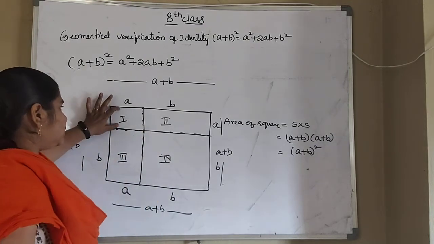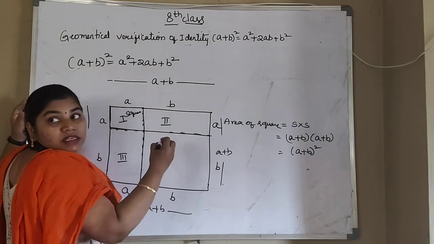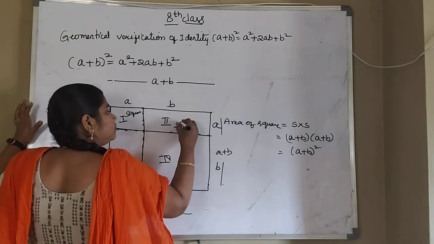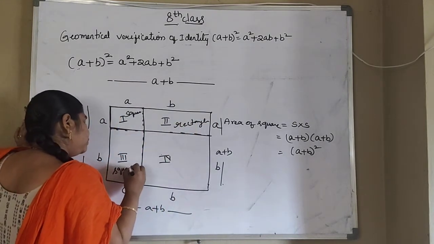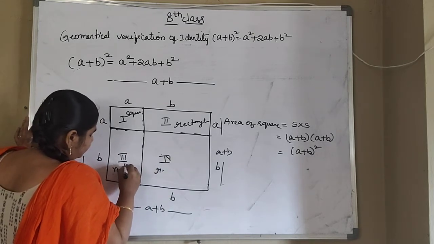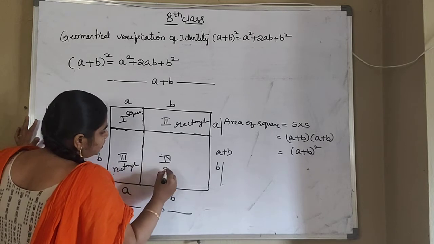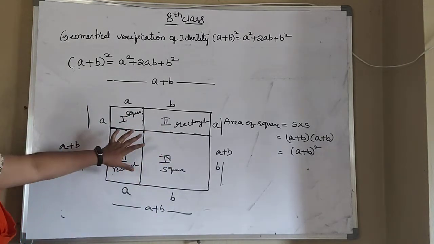The first part is a square, this is a rectangle, this is a rectangle, and this is a square. So we have to find the areas of these figures individually.